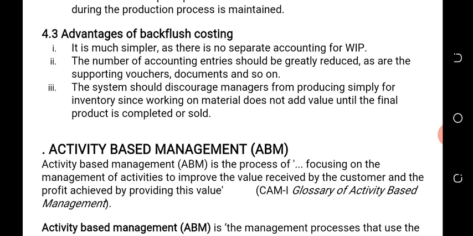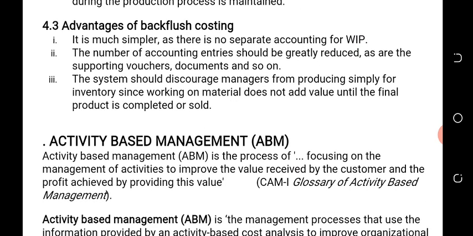The number of accounting entries should be greatly reduced, as are the supporting vouchers, documents, and so on. So in Backflush accounting, it's not cumbersome. You don't have to open different ledgers. So you are opening few ledgers. That is the reason why the accounting entries in Backflush accounting will be very reduced.